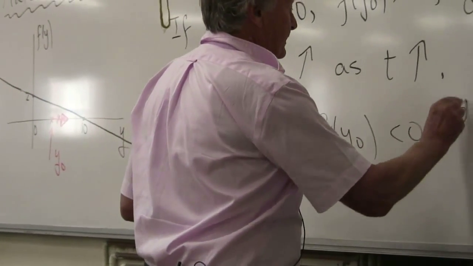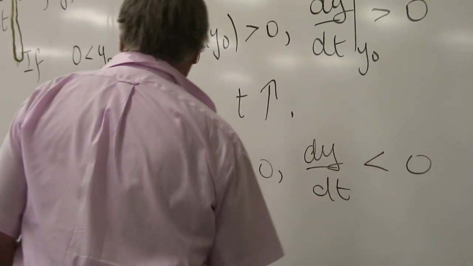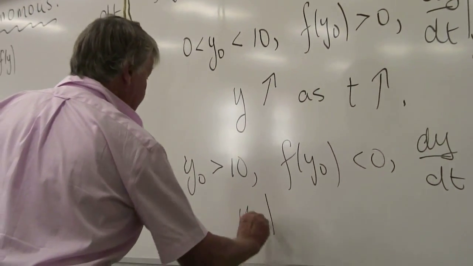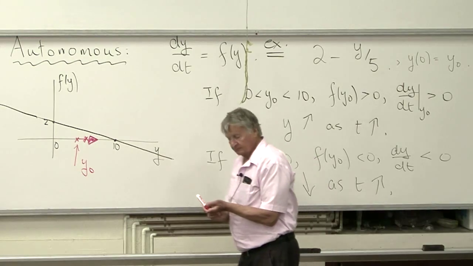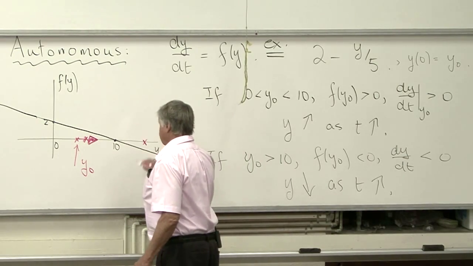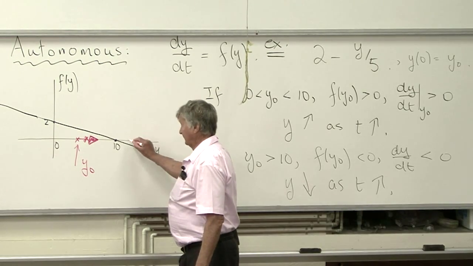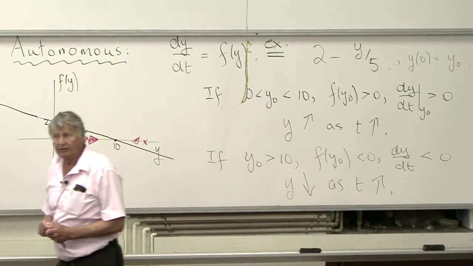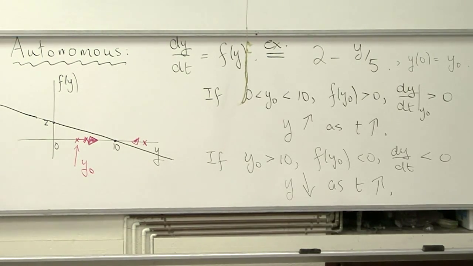What's the corresponding dy by dt if f is negative? Negative. This means that y decreases as t increases, right? So this says that if you start anywhere here, you go this way until you, what? Stop at 10. Is that what our solution suggests? Absolutely.